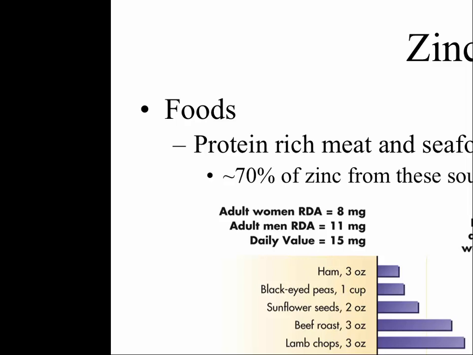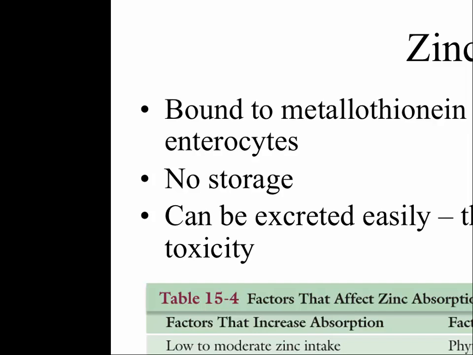Zinc is also found in protein-rich foods like meat and seafood. And so we get about 70% of our zinc from these sources, from meat and seafood. So zinc is bound to a carrier protein called metallothionein, which took me a very long time to figure out how to pronounce that word.